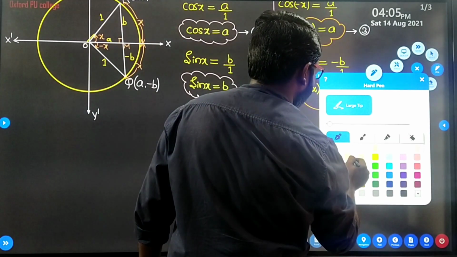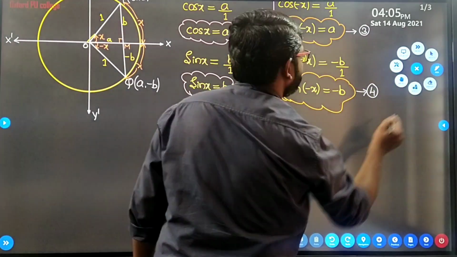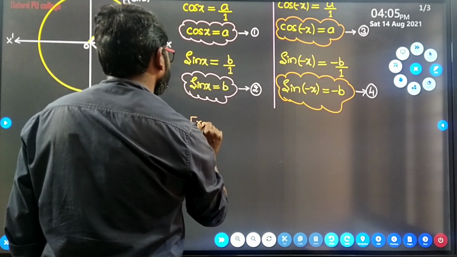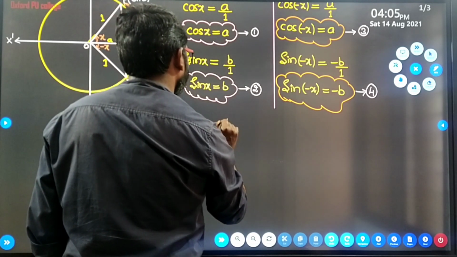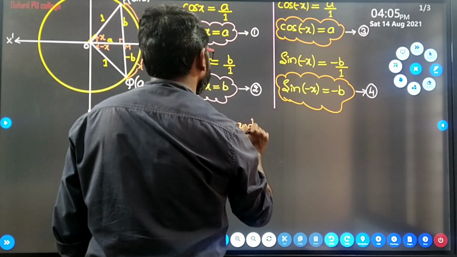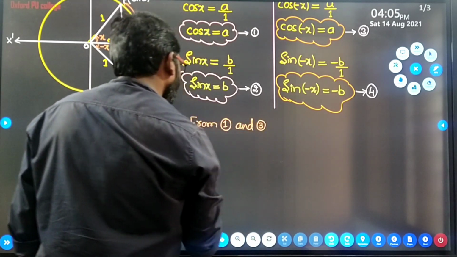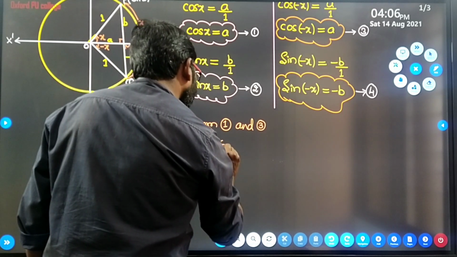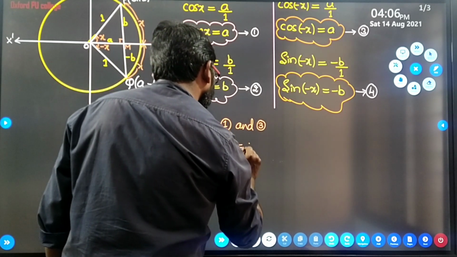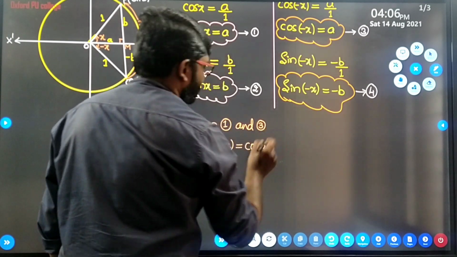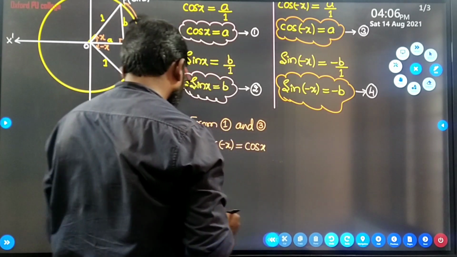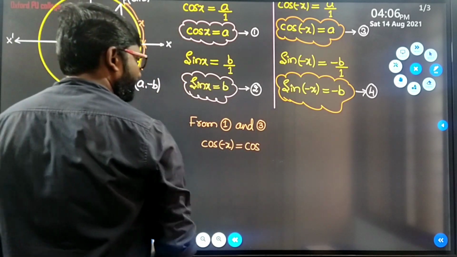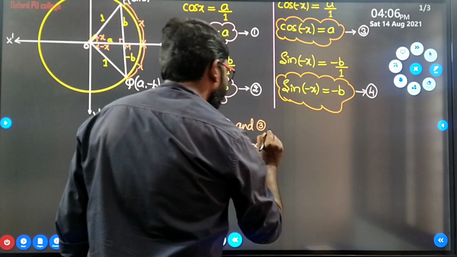Cos of minus x, from equation 1 and equation 3. So what we have? Cos of minus x is equal to cos x. So this is the standard result.